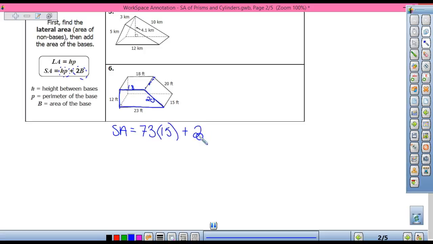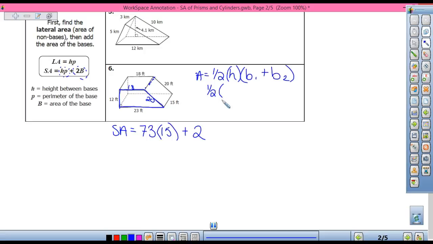Plus 2 times, now I gotta find the area of that trapezoid. How do I find the area of a trapezoid? 1/2 times the height times base 1 plus base 2.